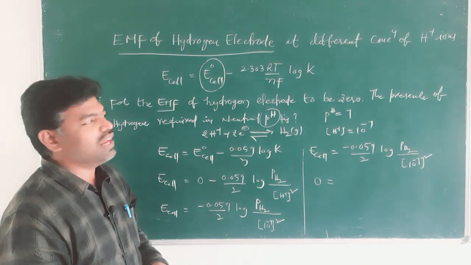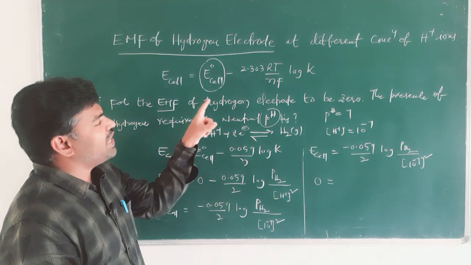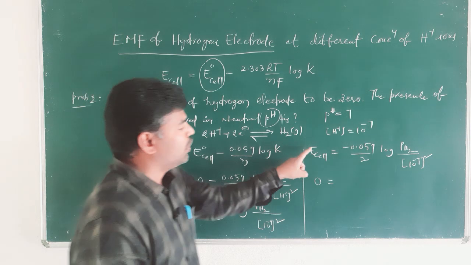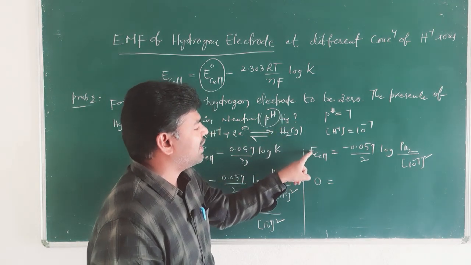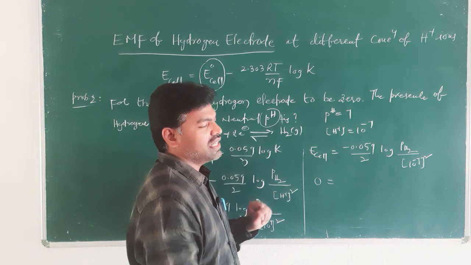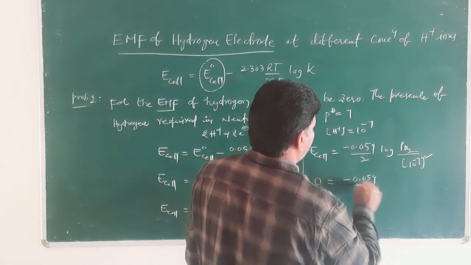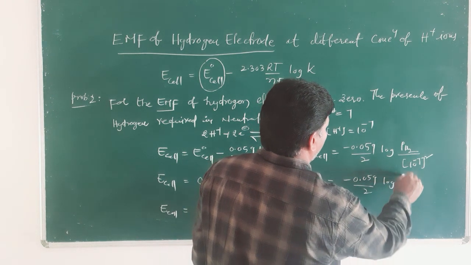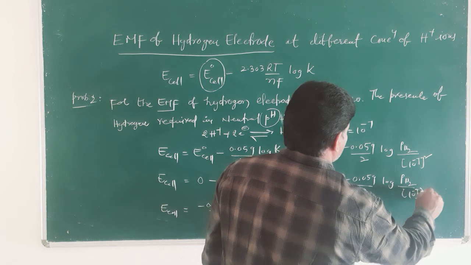What we require to calculate is the pressure of hydrogen when the EMF of the hydrogen electrode is 0. So, from that statement we can write 0 instead of E cell, that is, minus 0.059 by 2 log partial pressure of H2 by 10 power minus 7 squared.